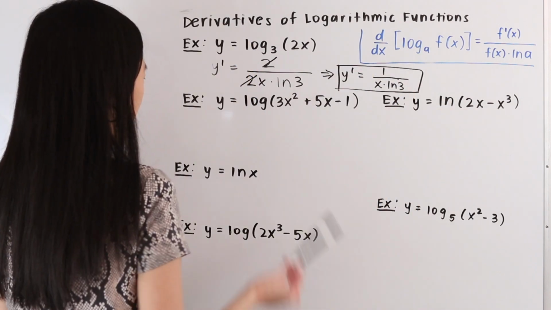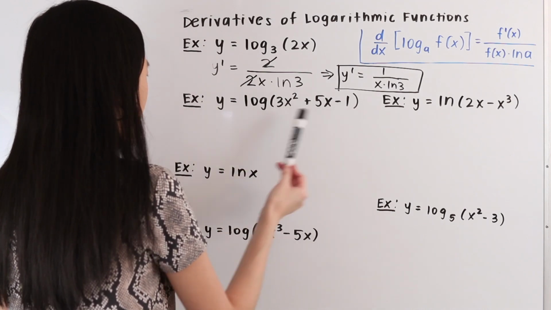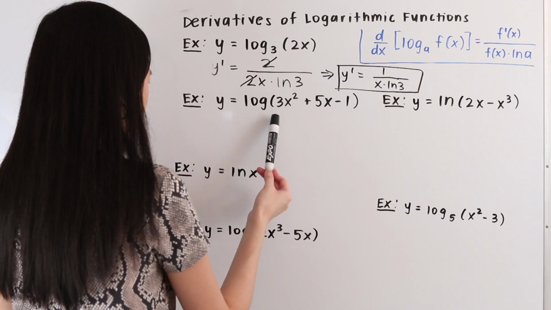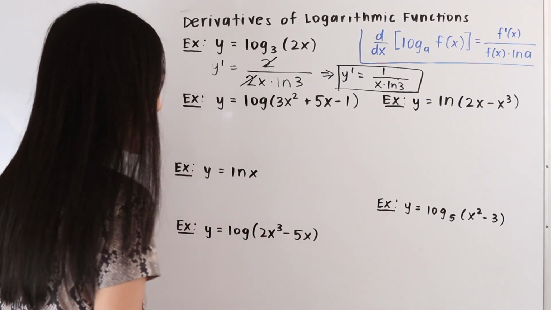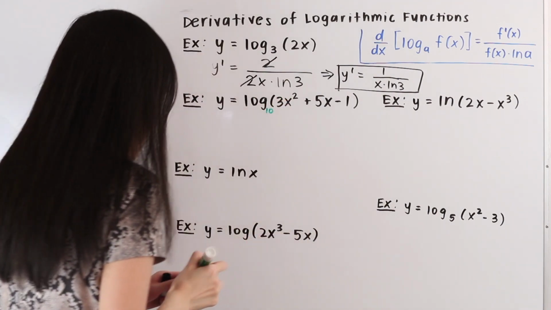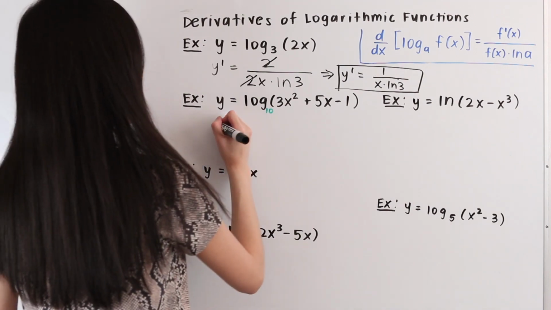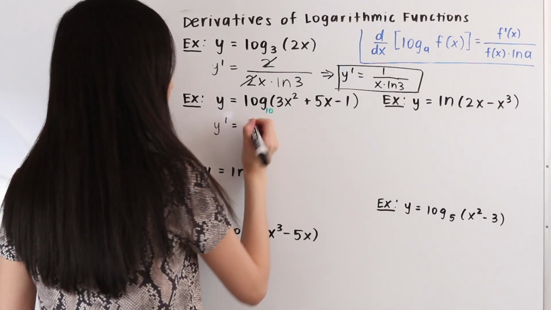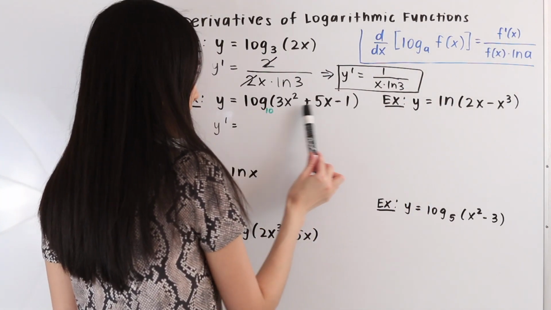In this next example here, we have y is equal to the log of 3x squared plus 5x minus 1. And notice here there is no base specified for this logarithm. When there is no base specified for our logarithm, we have log base 10. Okay, so now let's go ahead and determine what its derivative is equal to. So we have y prime is equal to f prime of x. So we need to take the derivative of this function here.